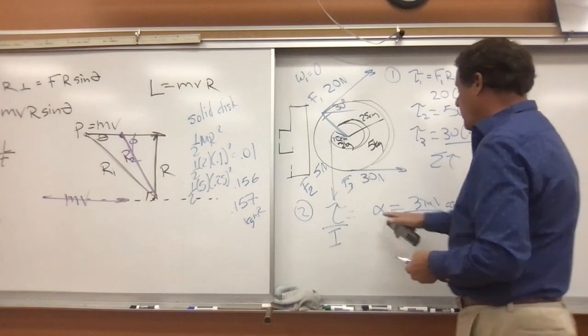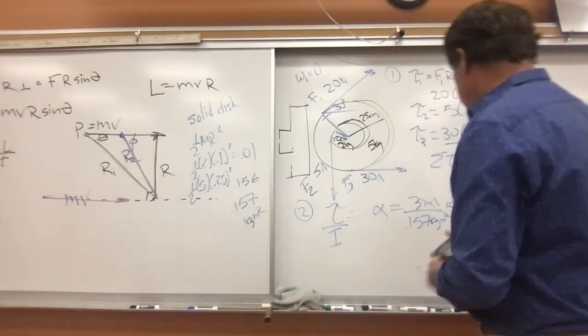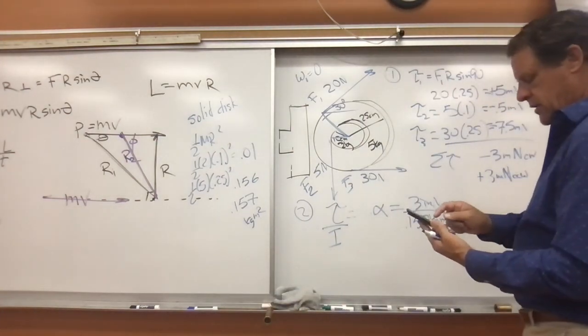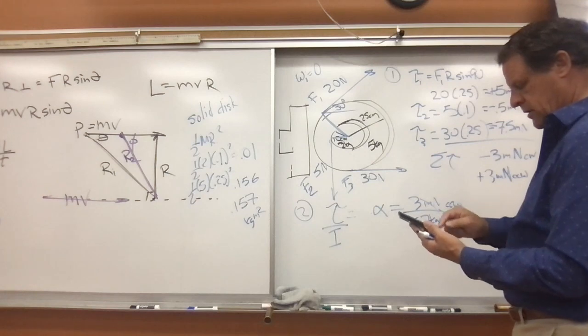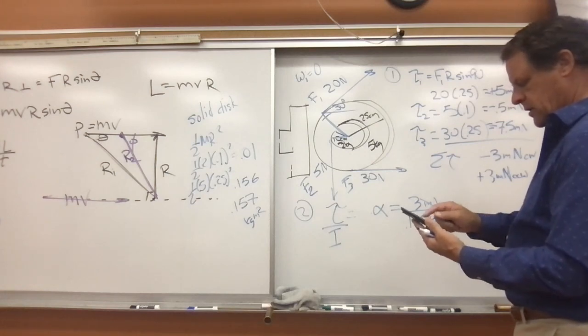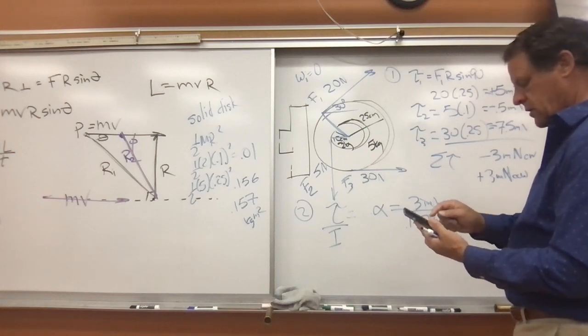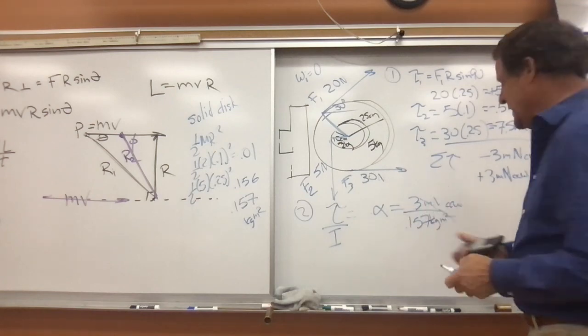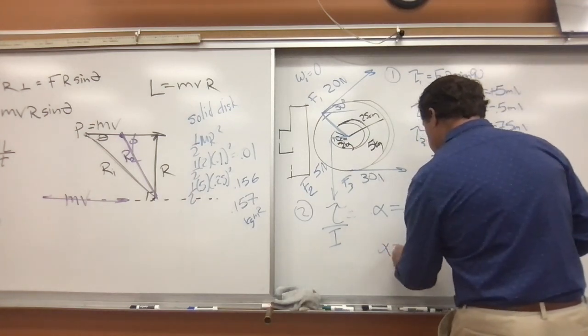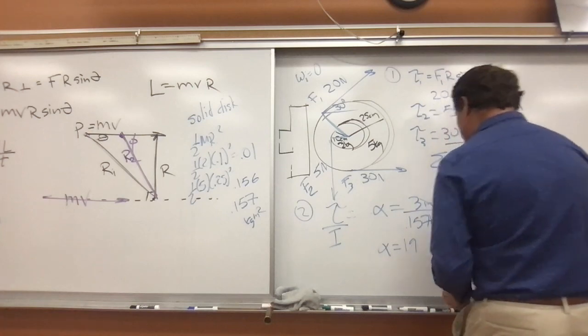And then we're going to have our alpha here, 3 divided by 0.157. So we're going to get 19. So our alpha here is going to equal 19.